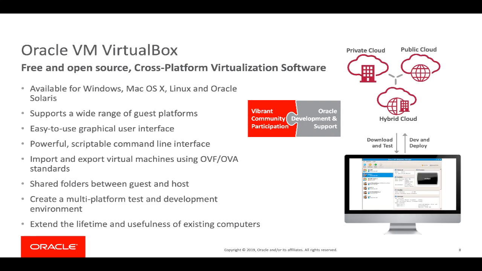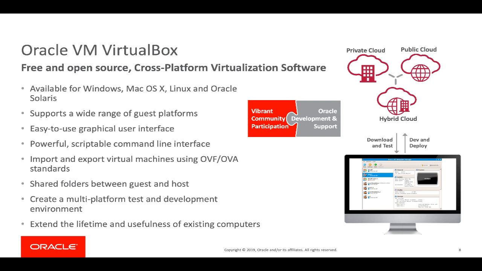Let me introduce VirtualBox. This is a desktop virtualization product and it's part of the Oracle virtualization portfolio. VirtualBox lets you create virtual machines that run on your own laptop or your own personal computer or Mac. So if your desktop computer or laptop today is running Windows, macOS, Linux, or Solaris, you can create VMs running any of those operating systems.